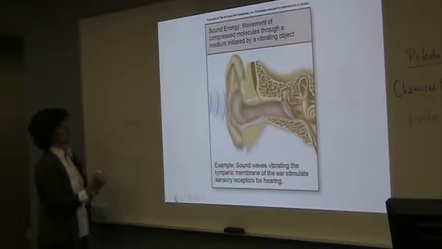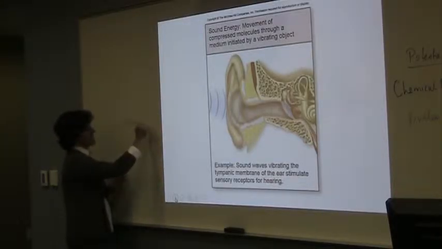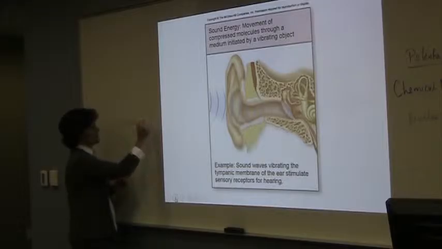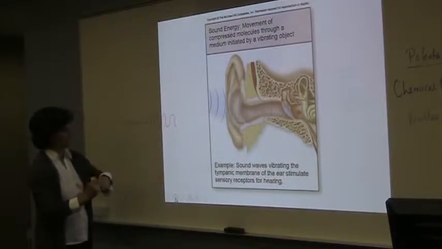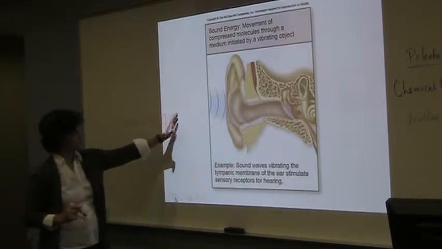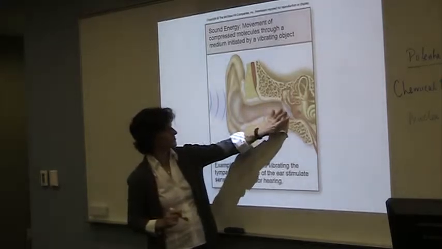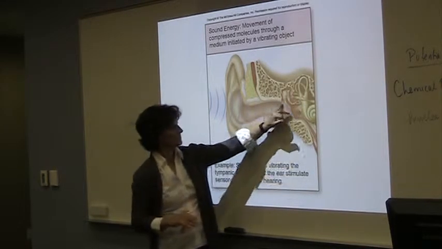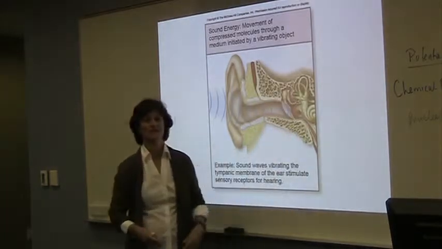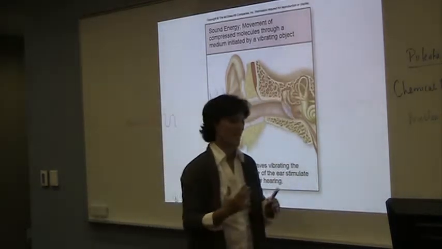They vibrate, and what they do is they compress the air molecules, so there's more here and there's less behind. And so you literally get these sound waves. And when those compressed air molecules come into the ear, as we'll see later this semester, they're going to make that tympanic membrane vibrate, which will then move your ossicles, which will then allow you to hear. Okay? That's sound energy.